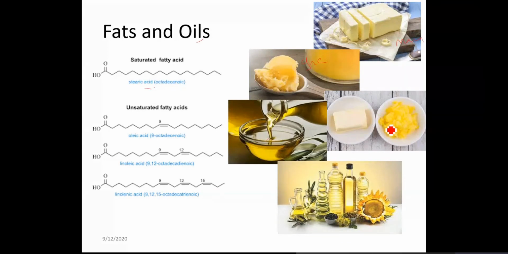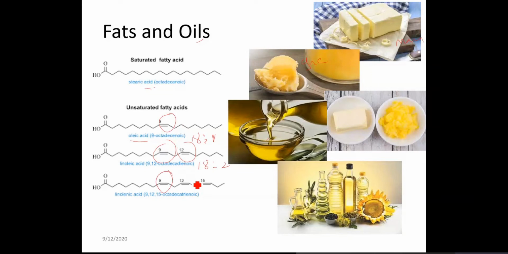So when you look at the stearic acid which has no double bond, it is therefore a fat which is solid. Okay, whereas if you have this unsaturated fatty acid, oleic acid, 18 carbon atoms and 1 double bond, then you have linoleic, 18 carbon atoms with 2 double bonds.